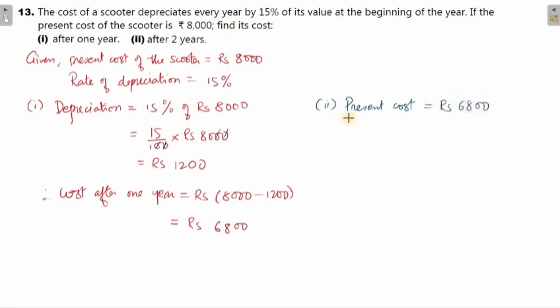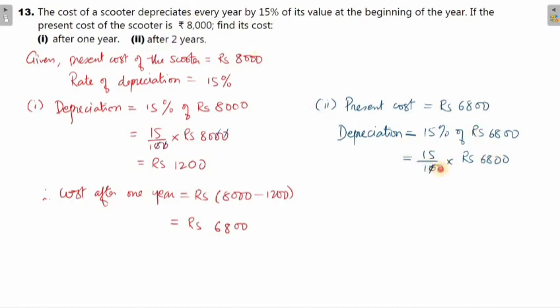So let's find the depreciation again. The depreciation will be, as usual, 15% of rupees 6,800. All of you know 15% can be written as 15 by 100 into rupees 6,800.